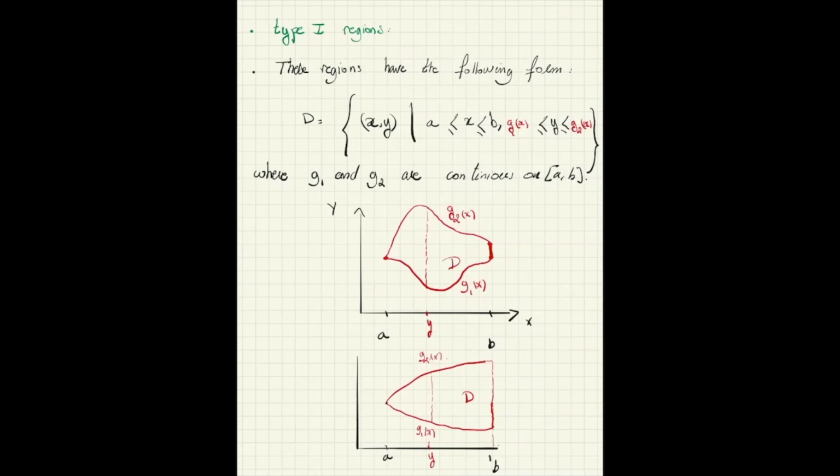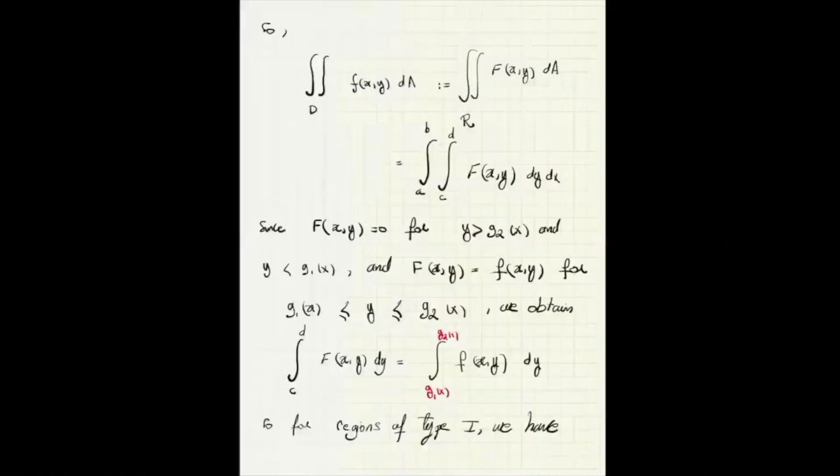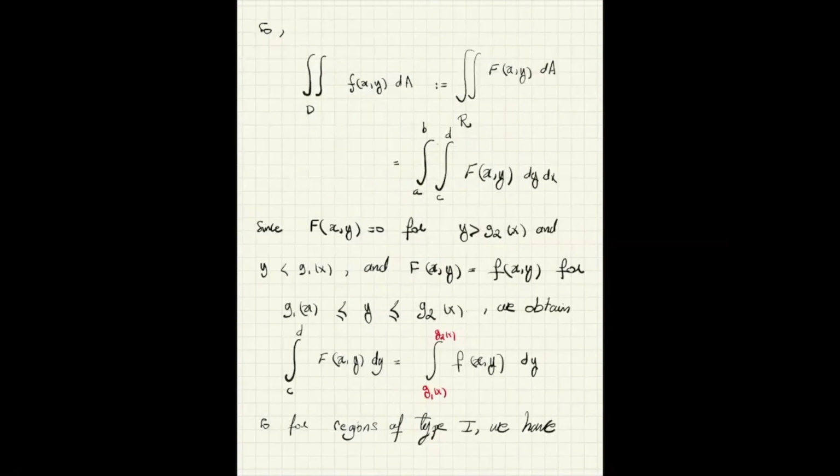So this is an example, and this is another example. And then for this kind of regions, we use one version of Fubini's theorem, namely the one that starts with dy and then dx. That is an easier way in this case.